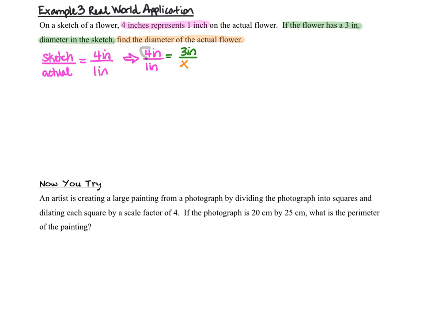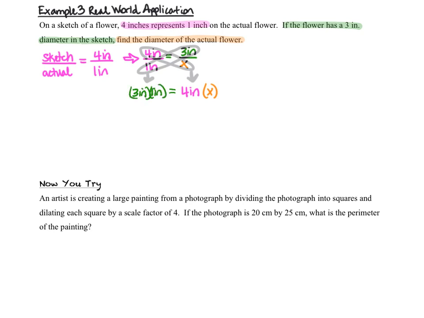And so you may remember that we drew these loops when we did a proportion, and we had 2 products to write down. So the right-hand side of the proportion is going to be 4 inches times x, and on the left-hand side of the proportion, we're going to have 3 inches times 1 inch.